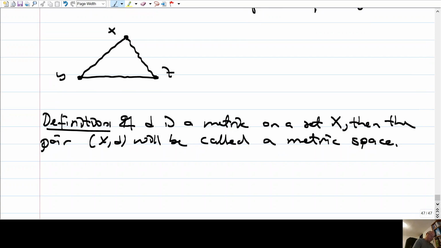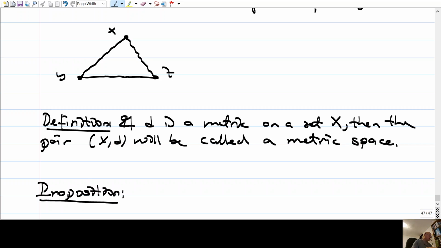Before I give some examples, I will give you some immediate properties one can obtain from the hypothesis. So let me just write it down. Proposition.